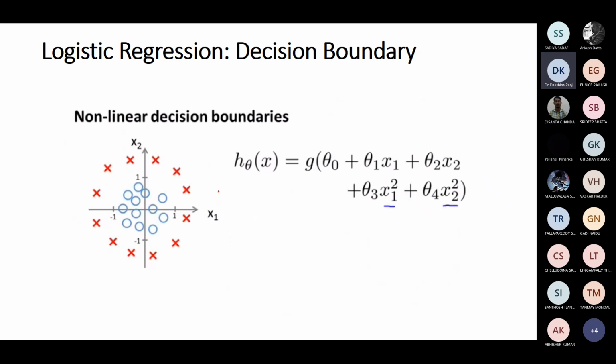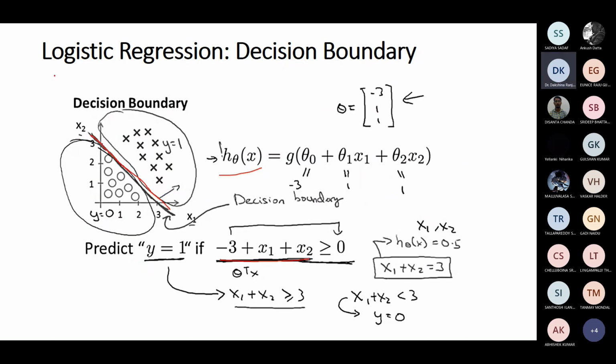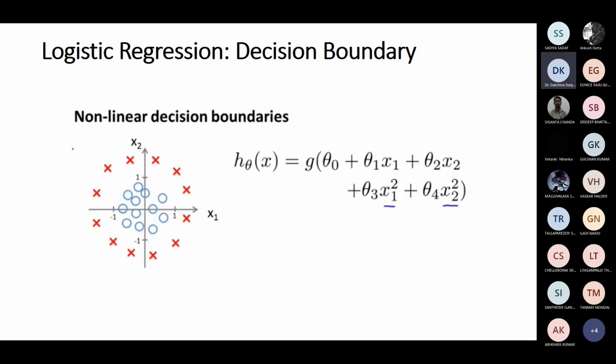Let us consider another nonlinear decision boundary. So this was the linear decision boundary. Now we will consider a nonlinear decision boundary, and here we have been given a hypothesis h theta x equals g of theta 0 plus theta 1 x1 plus theta 2 x2 plus theta 3 x1 square plus theta 4 x2 square.